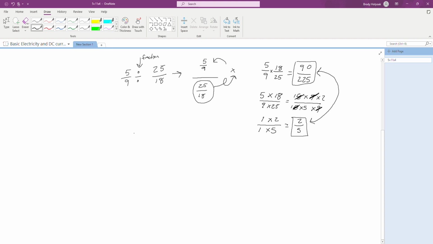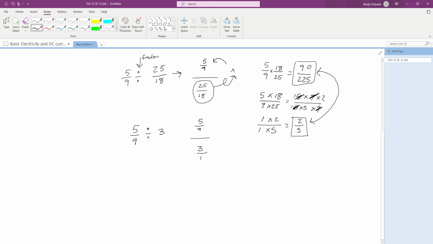So if I had 5/9 and I was going to divide it by, let's say, 3, when I convert that over, I'm going to have 5/9 over my divisor, which is 3, remembering that 3 is the same as 3 over 1.